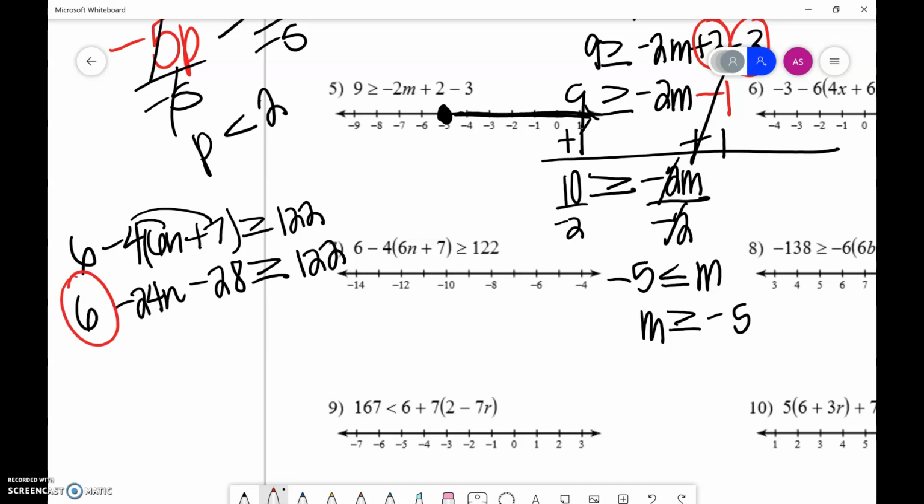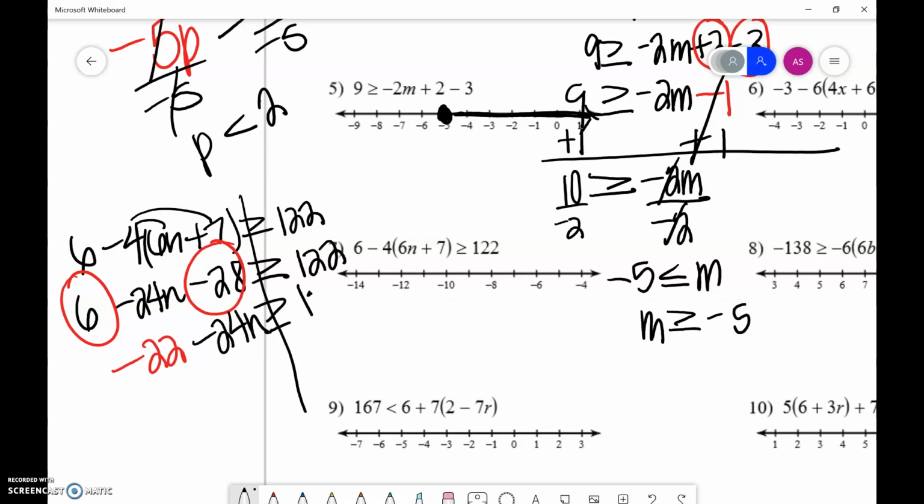So we have like terms, which is 6 and negative 28. That will give us negative 22. Remember, I do not need to do inverse operations when I'm putting it on the same side. I will see a lot of you do this. I don't need to do that because that's going to make my answer come out wrong. Keep in mind that all of this is on the left side. It's on the same side, so no need for inverse operations.